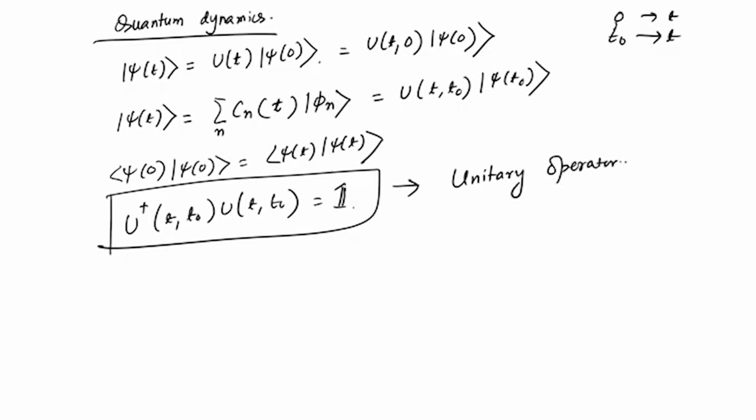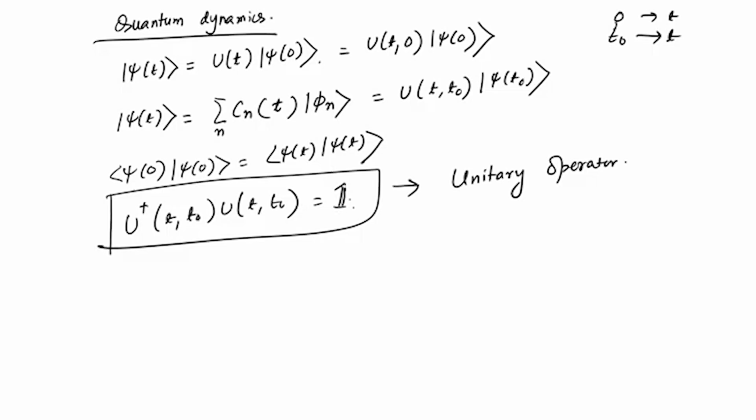And this tells you that the time evolution operator is a unitary operator, where you have considered that psi at a later time t can be obtained from psi at an earlier time, either at t equal to 0 or t equal to some t 0, by operating on it with an operator U of t, t 0, where U of t, t 0 is a unitary operator with the property U dagger U equal to 1. Okay.